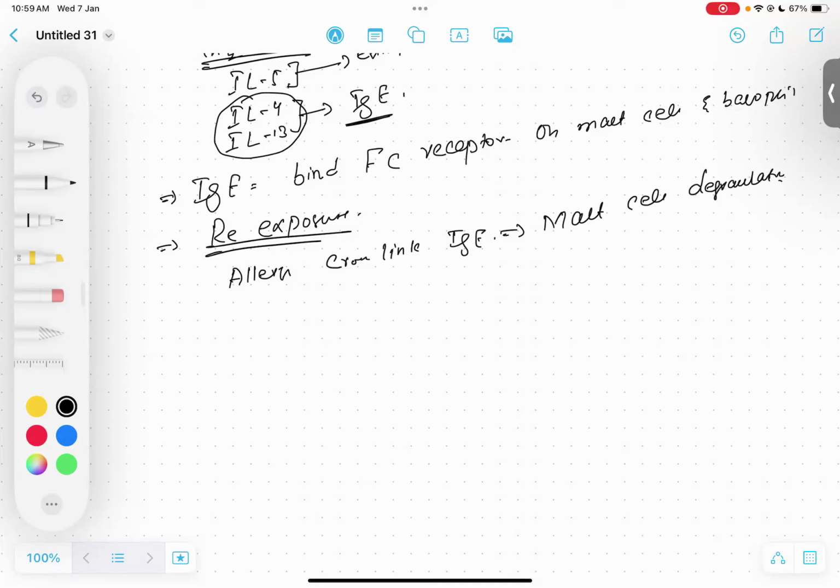This mast cell degranulation will then release different mediators like leukotrienes, prostaglandins, and histamines.